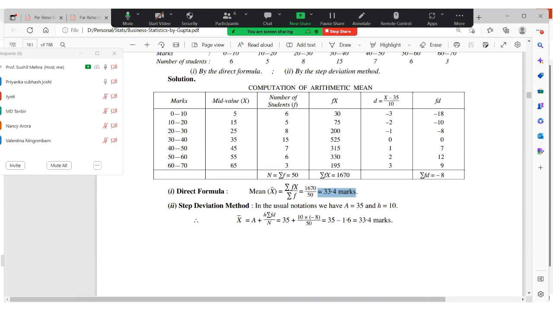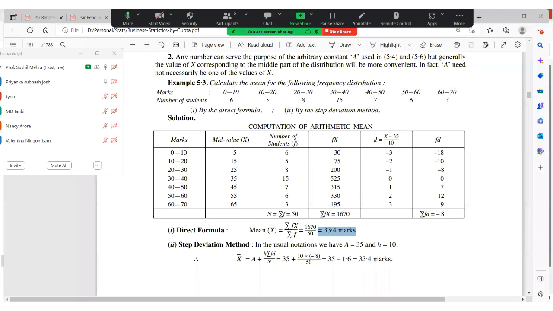Now, step division method. For the step division method, what we need for the division is x minus a upon h, right? Now, see, in this example, these are the values of x, right?